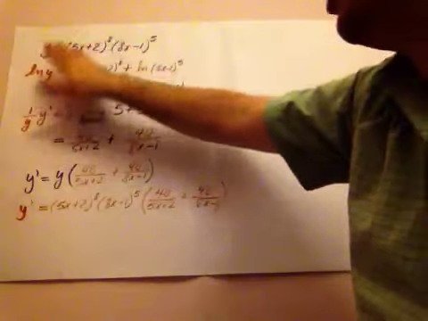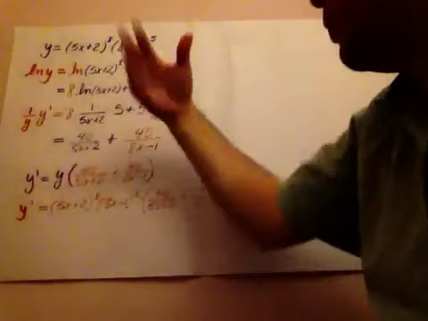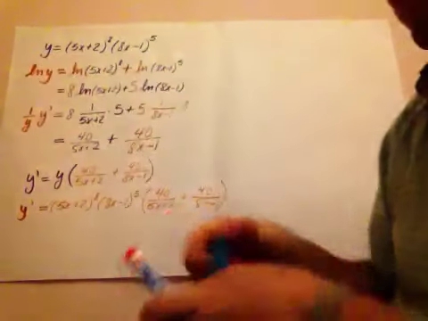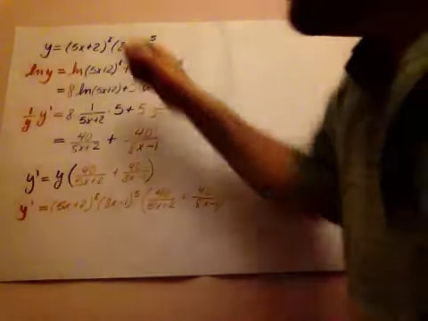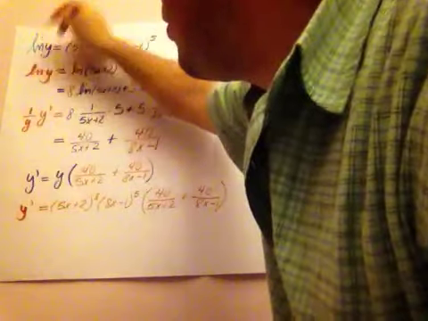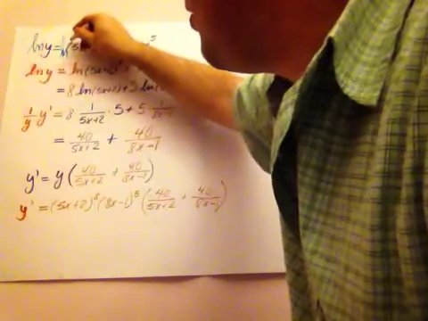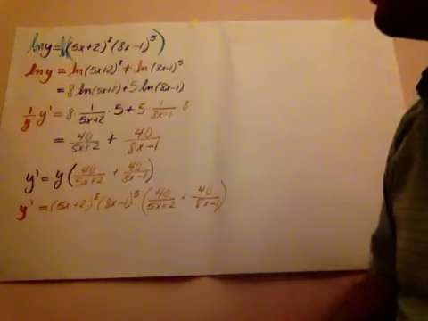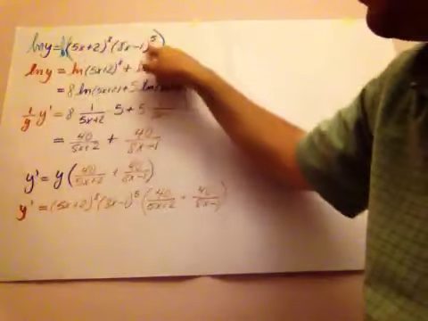We can also use logarithmic differentiation, what we've been doing. Take the logarithm on both sides. We put natural logarithm here and natural logarithm here. Here we apply properties of logarithms.